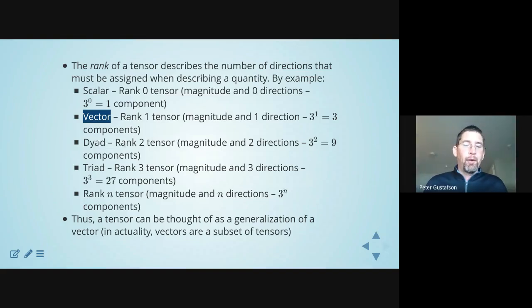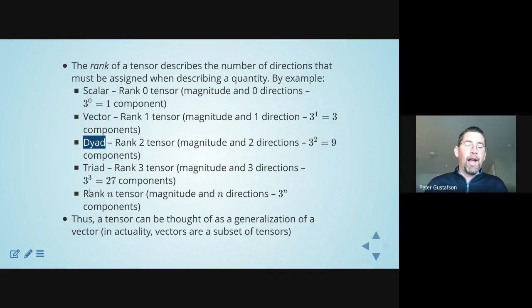The word that we would use to describe a rank 2 tensor would be to call it a dyad. I often just forget that word and instead call it rank 2. It has a magnitude and 2 directions. So there are 3 to the power 2 components. That's, of course, 9 components. We can go a step higher to a triad, which is a rank 3 tensor, magnitude in 3 directions. 3 to the third is 27 components.